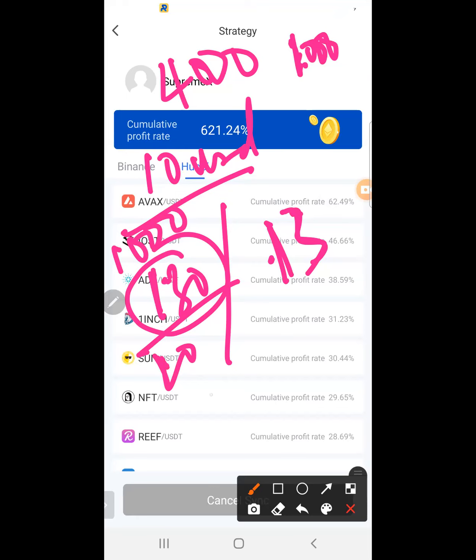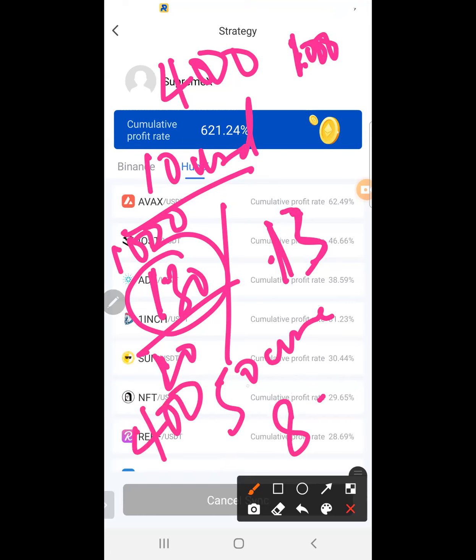And very simple, just put 50 USDT and put 8 pieces, because that's 400. And then when you multiply it by 13, that's almost 5,000. So if you're on 5,000, just put 50 USDT and 8 pieces, and you'll be fine. If you want to increase it, 100 USDT, put 4 pieces.